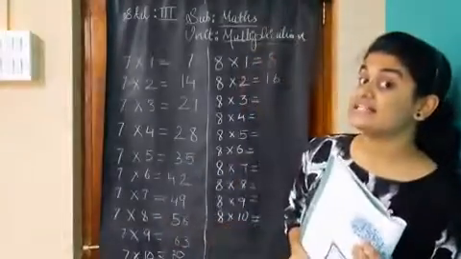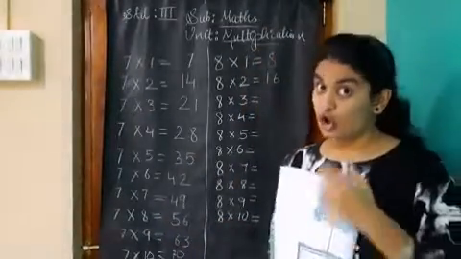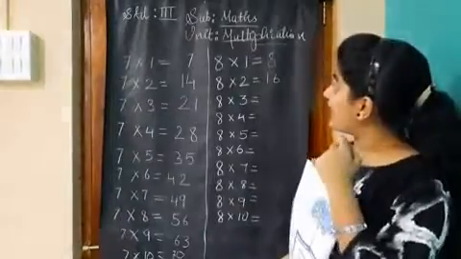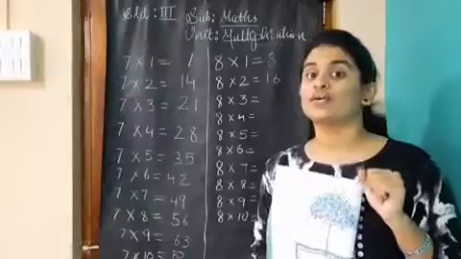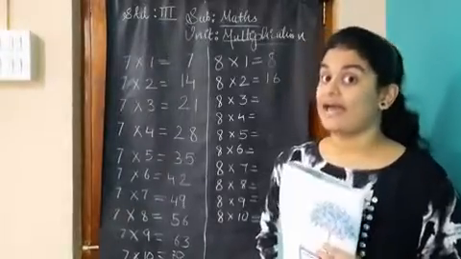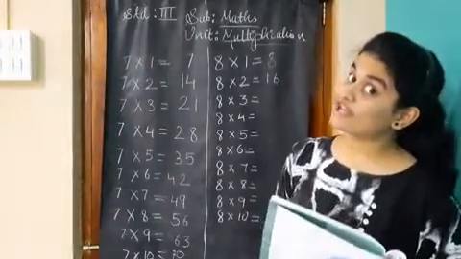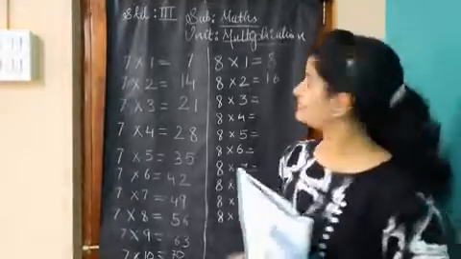What is 8 threes are? मुझे कौन बताएगा 8 threes are का आंसर क्या होता है? वेरी गुड. 8 threes का आंसर होता है 24, राइट?